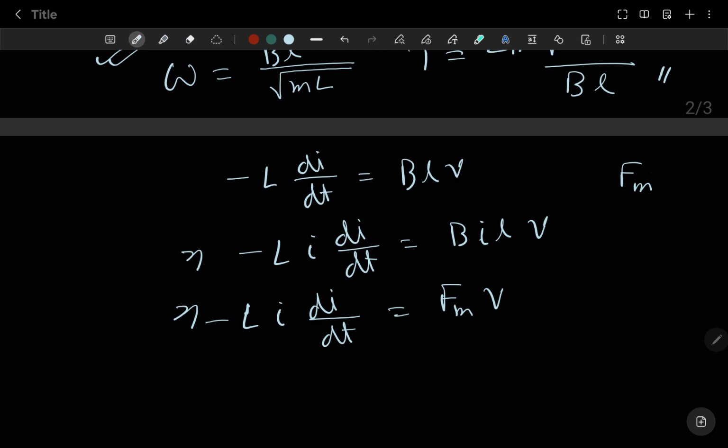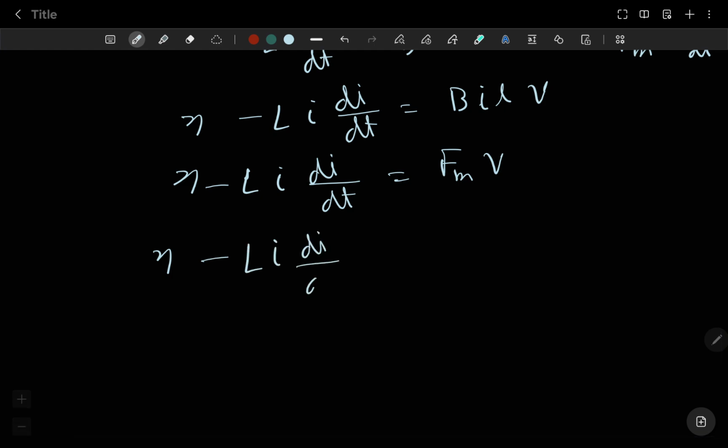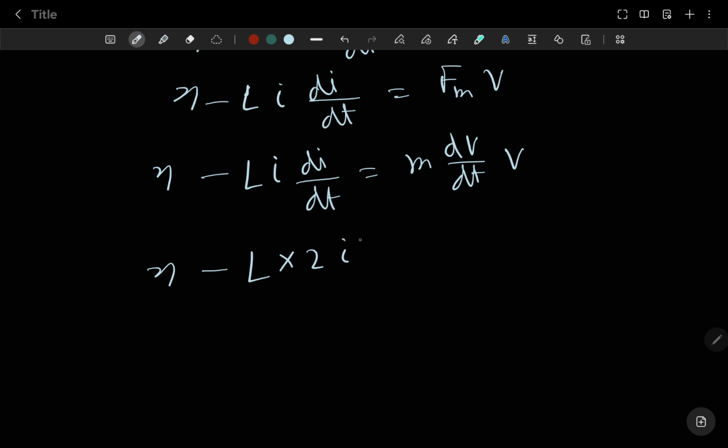So let us write m dv dt into v, right? Now if you multiply it by 2 on both sides, what we will get? Minus L into 2I di dt is m into 2v dv dt.